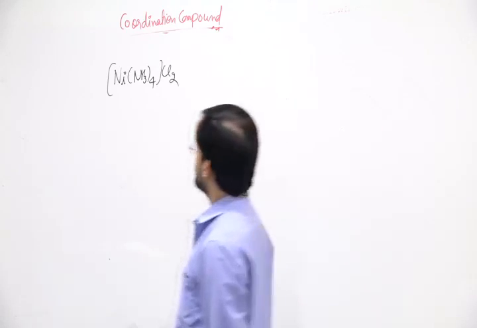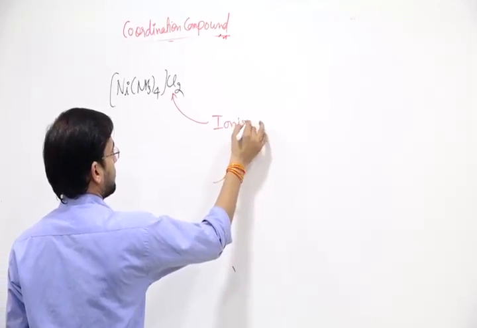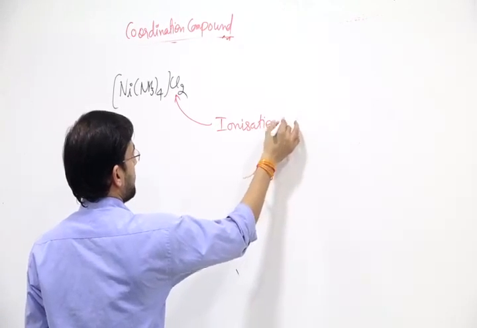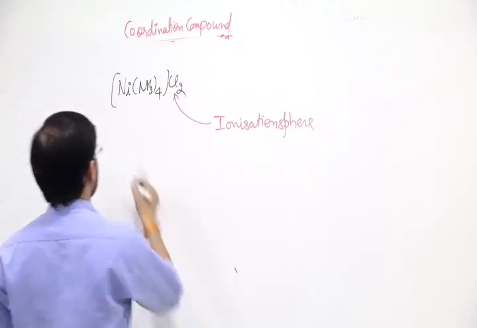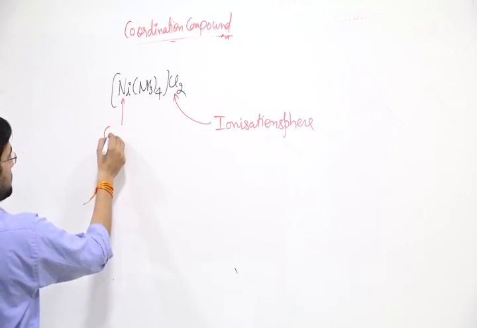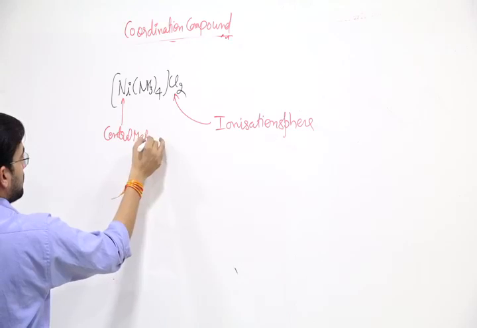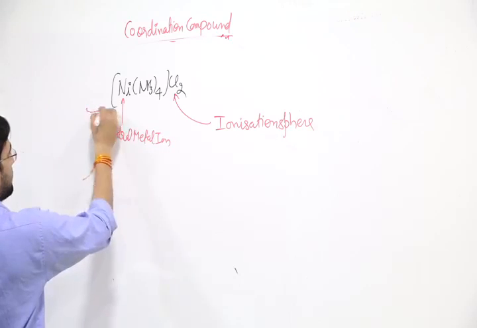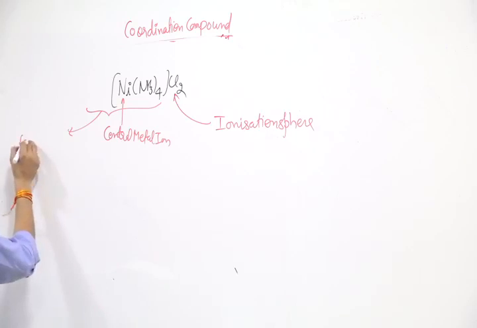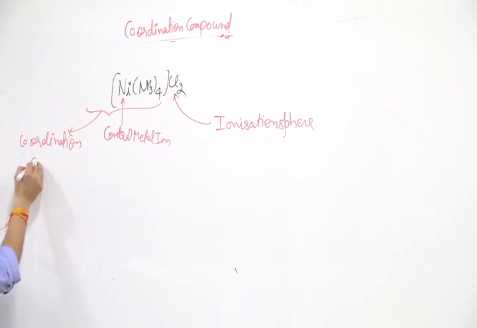So this is the ionization sphere. Nickel is the central metal ion. This whole is the coordination sphere.